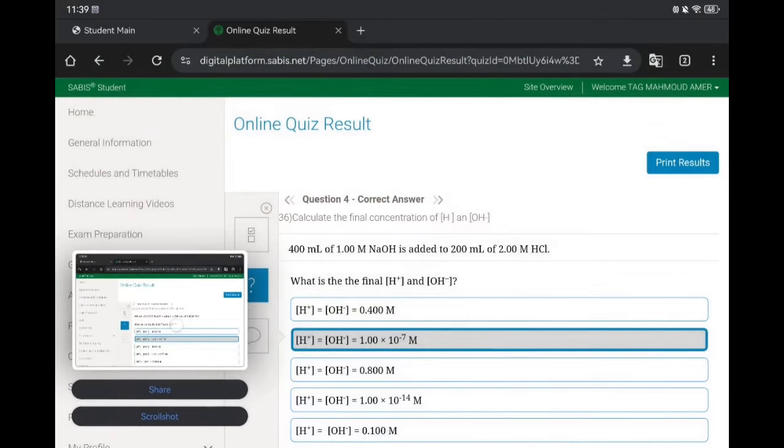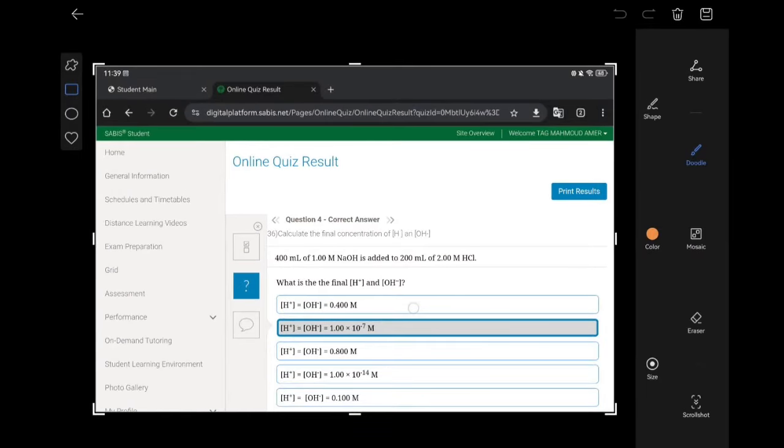Find the number of moles of both. So here it's 0.4 times 1, because n equals CV. So this is V, this is C. We'll call them 1 for the NaOH and 2 for the HCl. So this is V2 and C2.